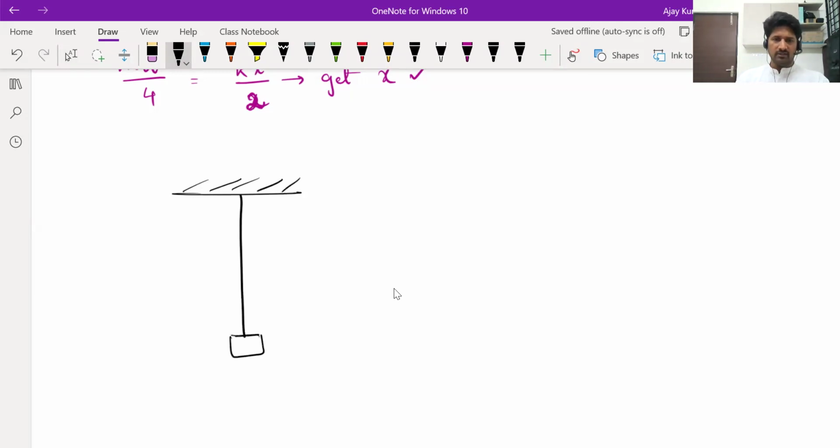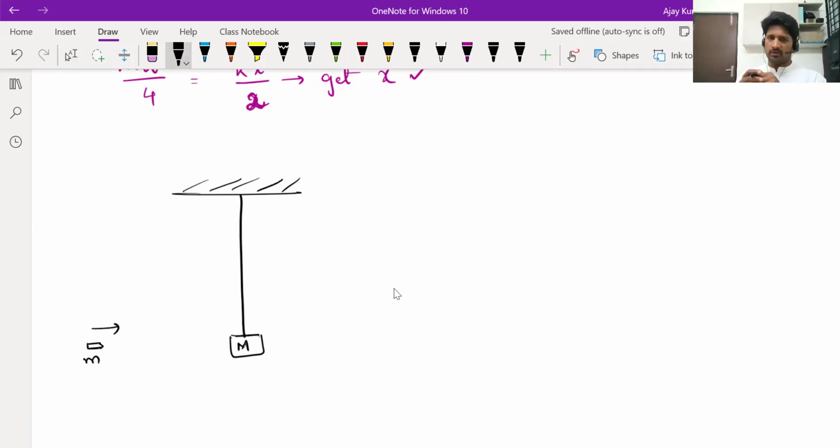Block suspended from a string. A bullet goes and strikes the block. When the bullet strikes the block, yes, the block could get shattered. That possibility is there. But if the block is strong enough, the bullet can get embedded in the block. The bullet had momentum with it. When it hits the block and gets stuck inside, the block will start moving.